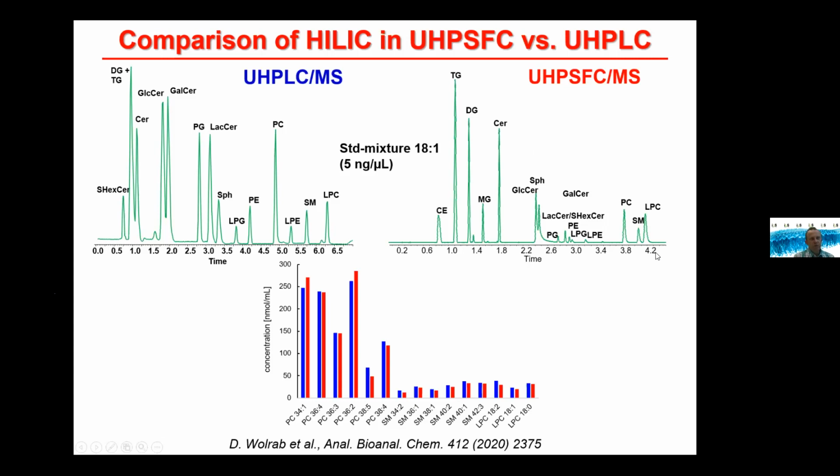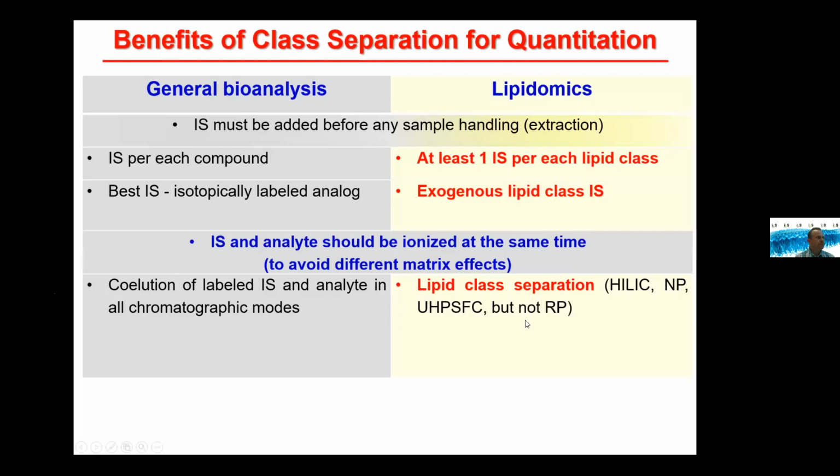Here it's about 4.2 minutes compared to 6.5 for LC. Honestly, with SFC we have already analyzed several thousands of samples, maybe close to 10,000 samples. Here you see the comparison of quantitative data from the same sample measured by both methods. This was already presented in this paper, so you may go into details if you like.